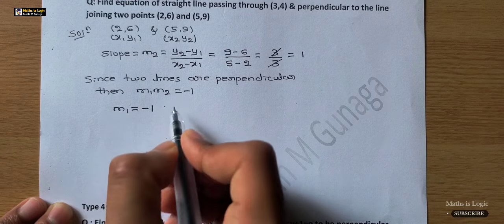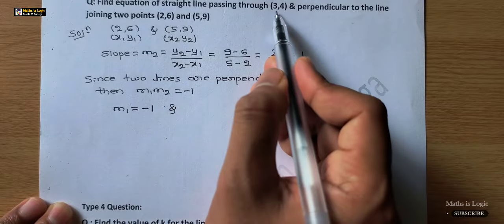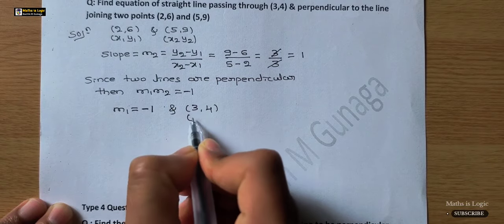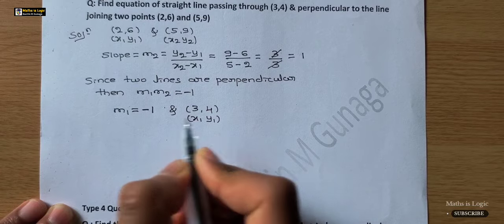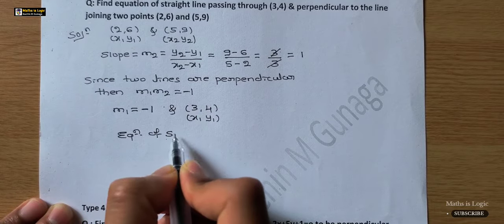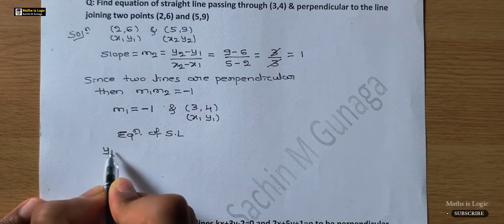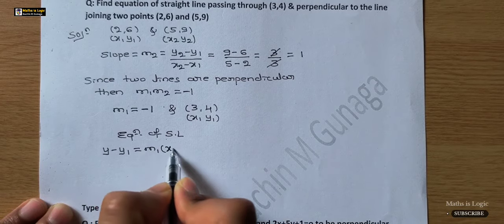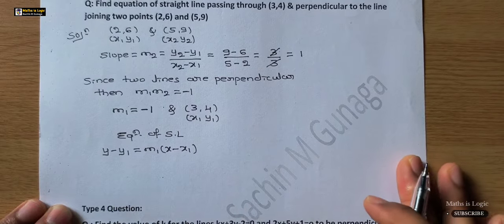So after getting m1, note down the point. What is the point given? (3, 4), consider as x1, y1. Next, find the equation of the straight line. So the formula is y minus y1 is equal to m1 into bracket x minus x1.